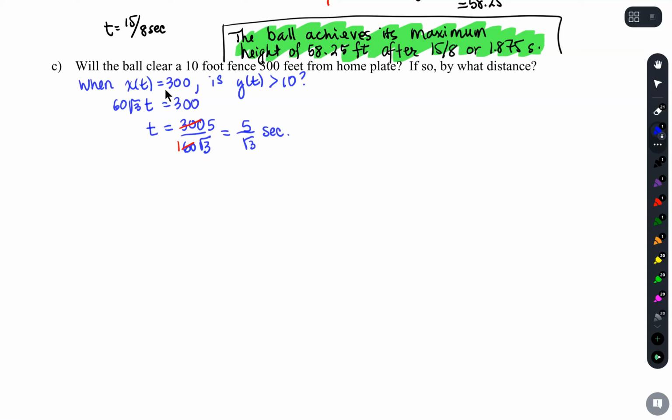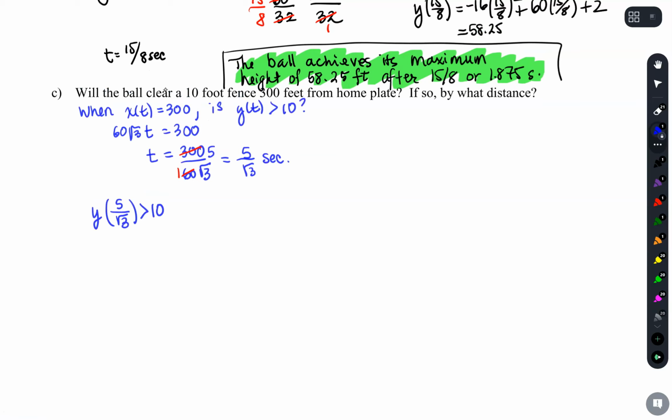And now what we want to know is, at that time, is y bigger than 10? So now we want to consider, is y at 5 over square root of 3 greater than 10?